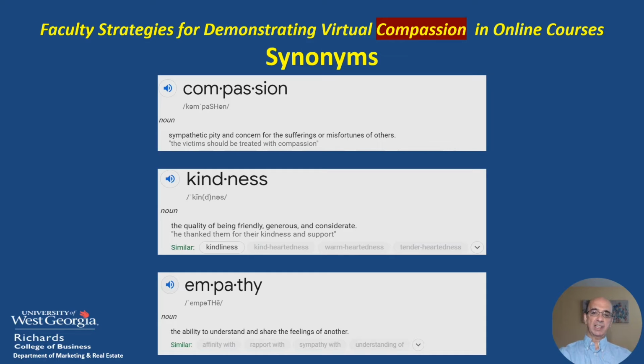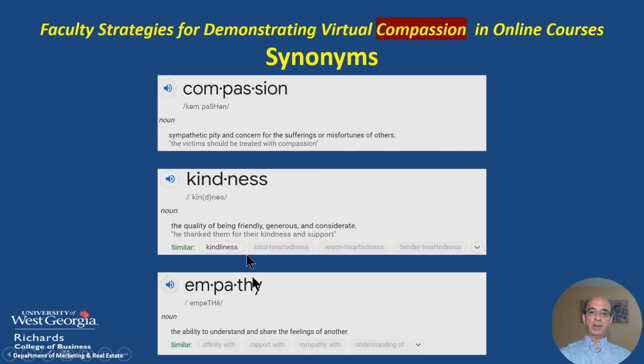So these are the textbook or dictionary definitions of compassion. The first one is compassion itself, which is concern for misfortunes of others. The second one is kindness, which is the act of being generous and considerate.